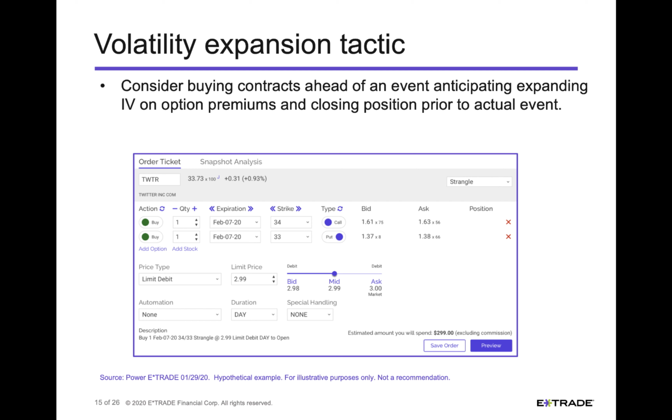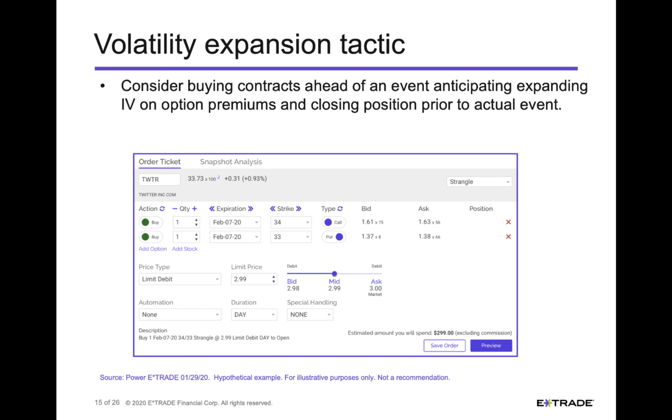Now, here's the thing to think about. Since this is not a price directional trade, this is a volatility directional trade, you might want to think about closing the positions prior to the actual event. Because if you think about it, when is implied volatility going to be at its highest level?